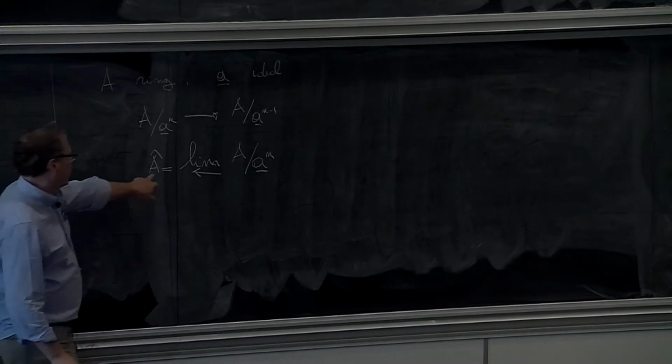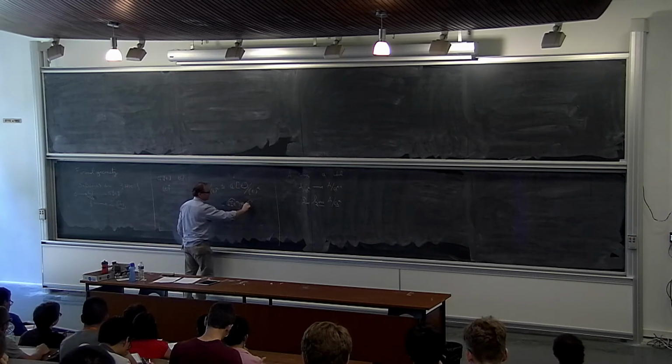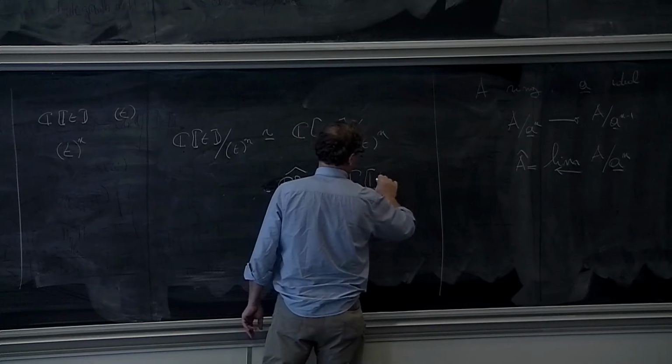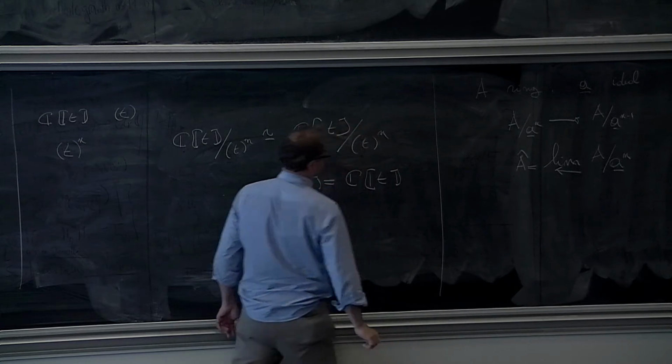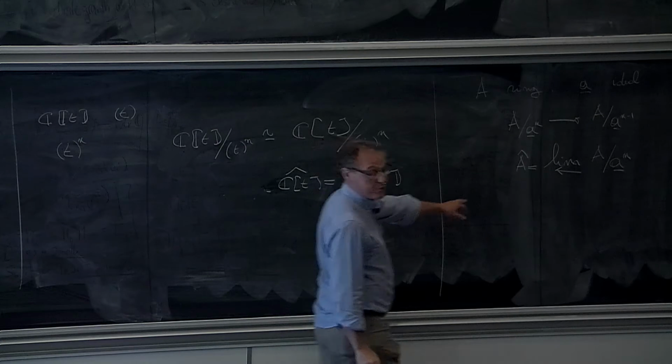And just to understand what I did here, if I look at C[T] hat, this is thus C double brackets T by this construction.